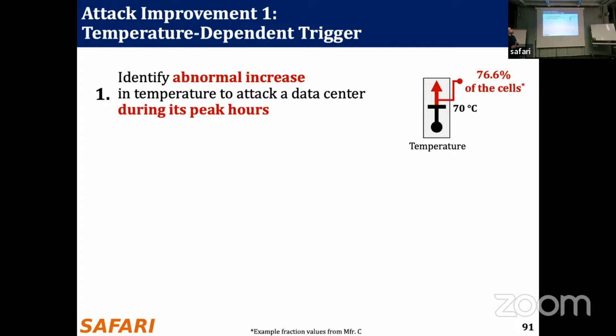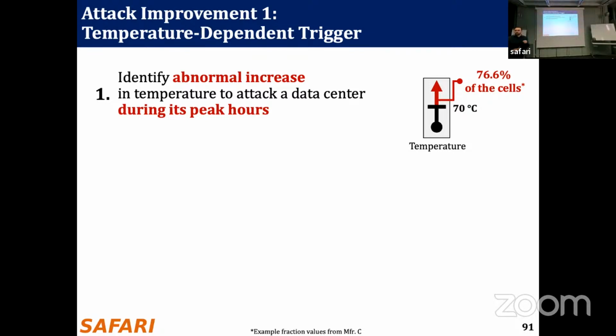So this is about the temperature sensitivity of RowHammer. So let's say your system temperature is around 70 degrees, and this is coming from the real chip experiments from manufacturer C, which is Hynix. We observed that 76.6% of the tested cells exhibit RowHammer vulnerability above 70 degrees Celsius.